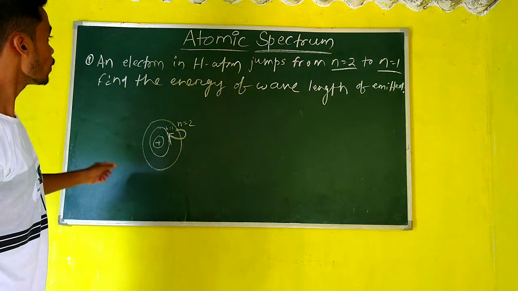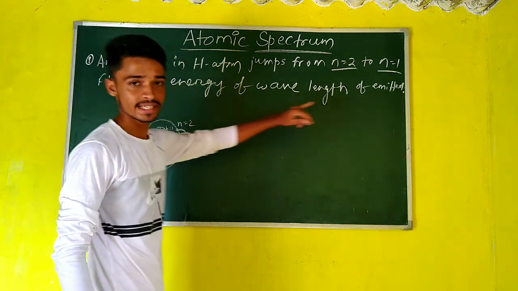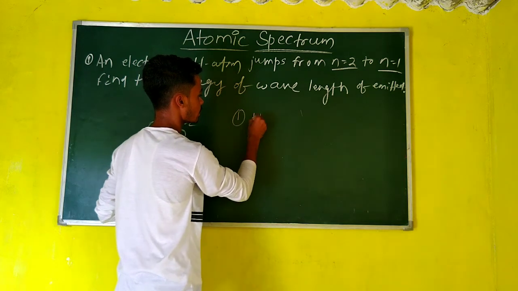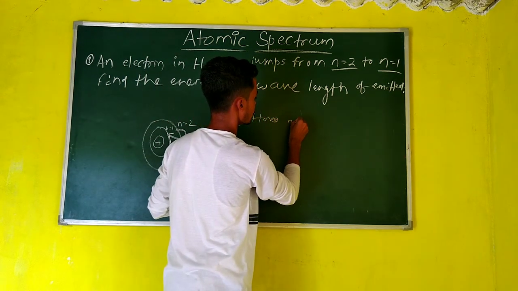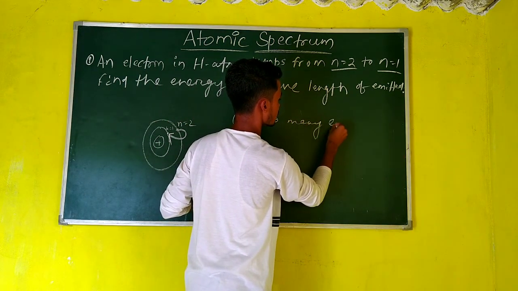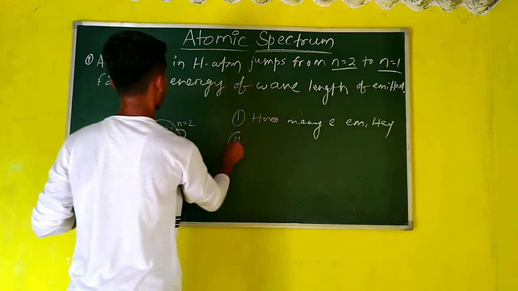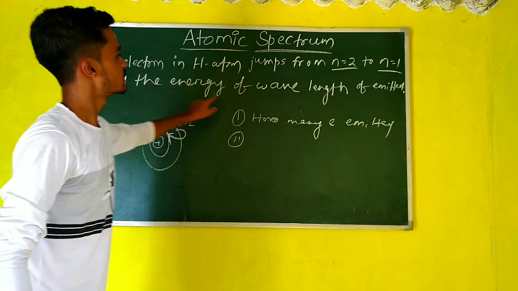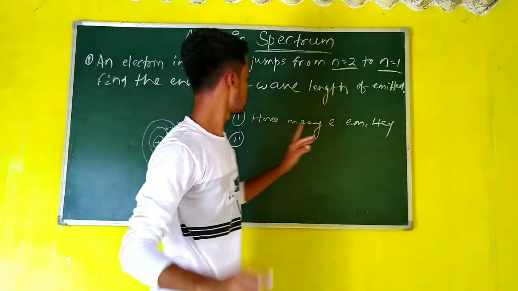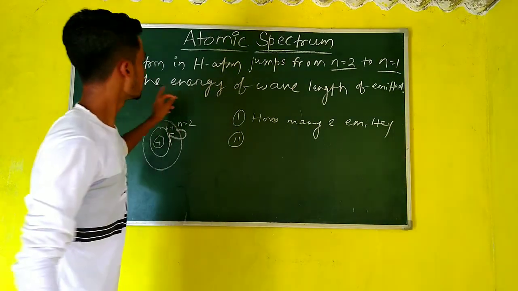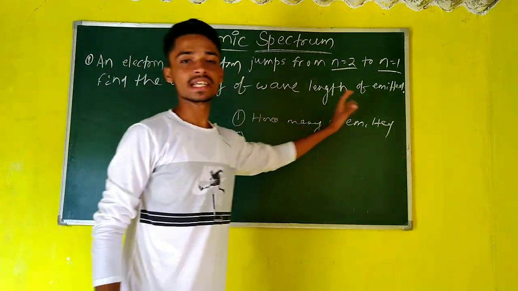So the first question is how much energy is emitted, and the second question is to find the wavelength of the emitted radiation.